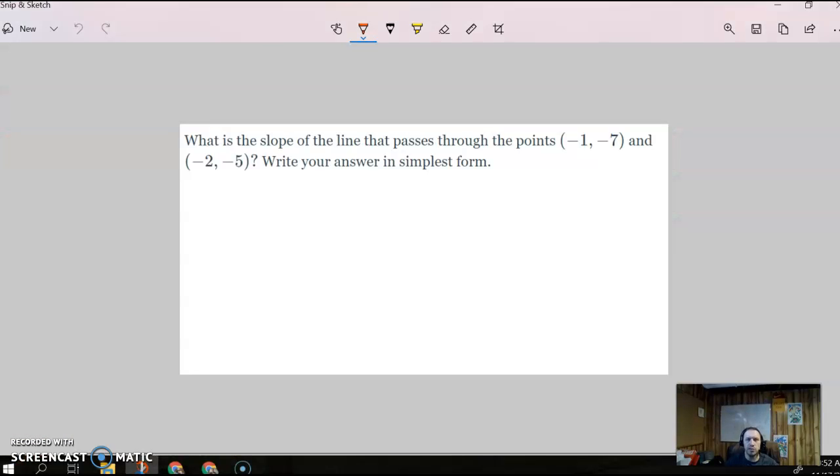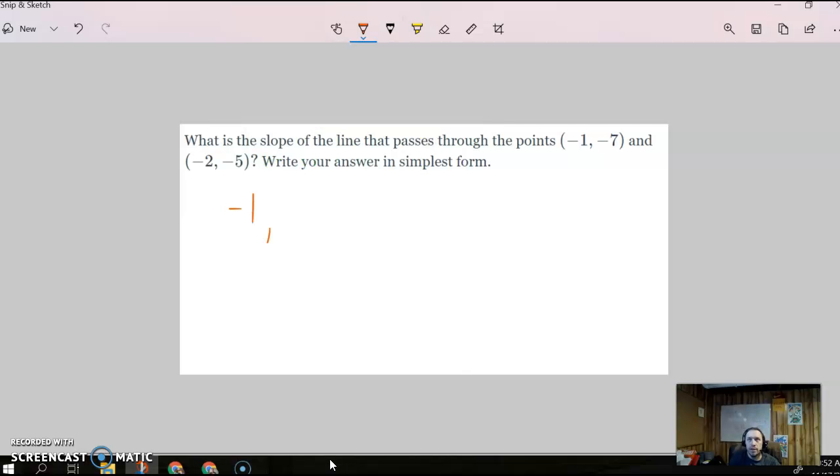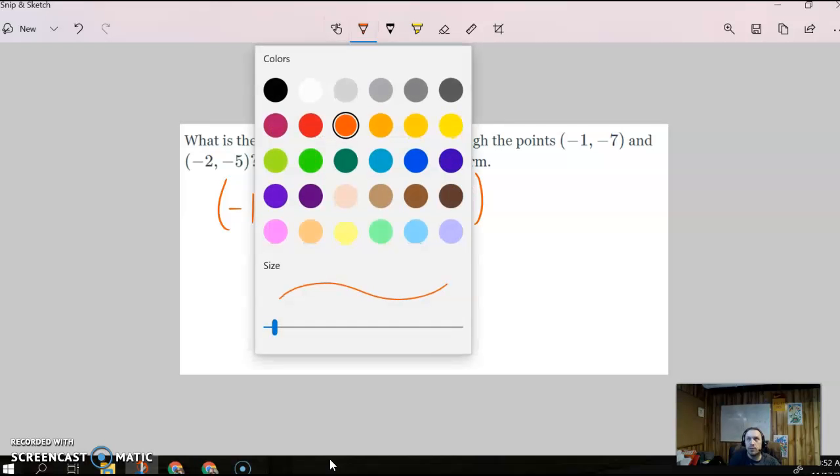It says, what is the slope of a line that passes through the points -1, -7, and -2, -5? Write your answer in simplest form. So -1, -7, -2, -5, these are my 2 points. We're trying to find the slope.